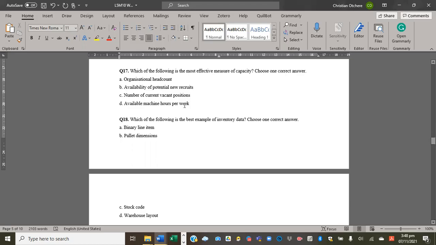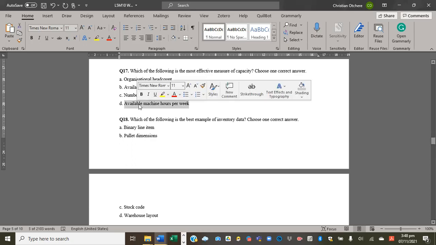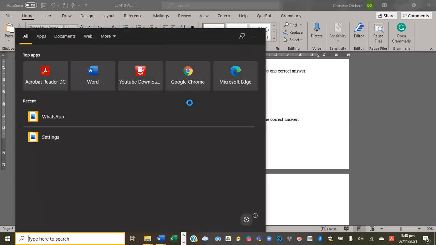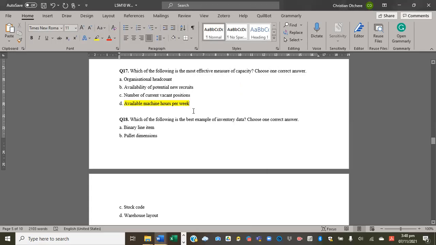Available machine hours per week. That's the capacity. It's an effective measure of capacity. Okay, so let's take note. I think if you look at the performance indicators for capacity planning, you'll see some of them there.